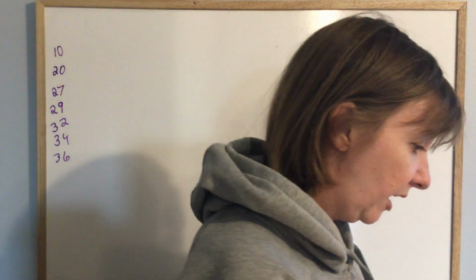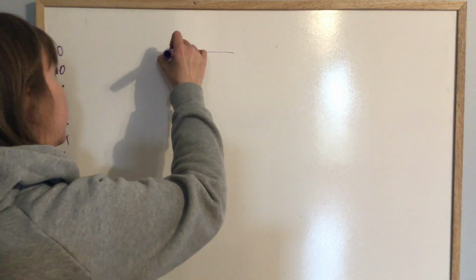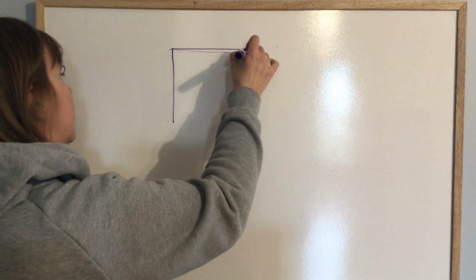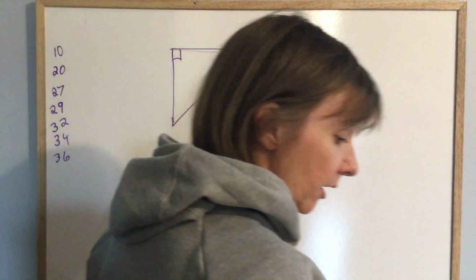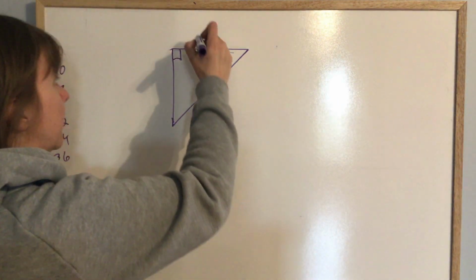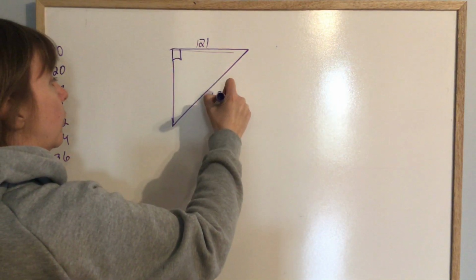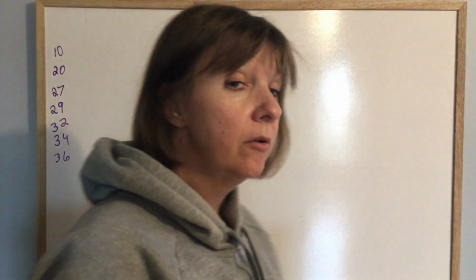So number 10 is a right angle triangle, and I know why this one is asked. On this one they say this is 121 and this is 187. Now, they didn't actually ask us to solve the whole thing.